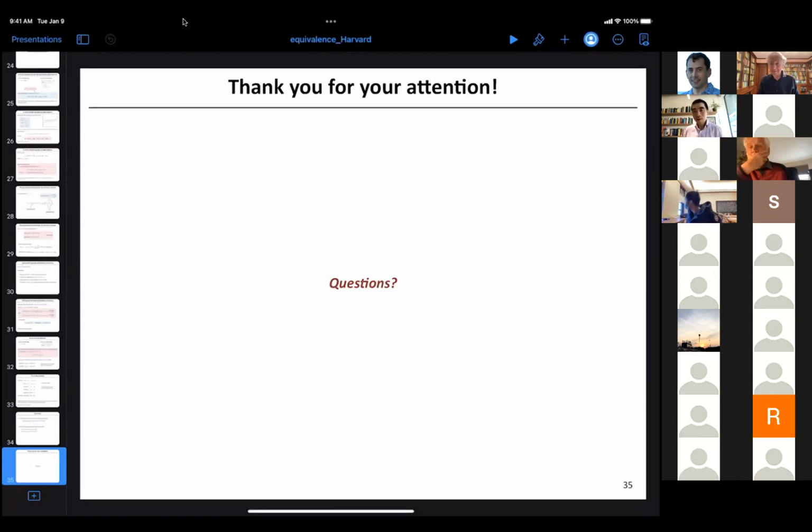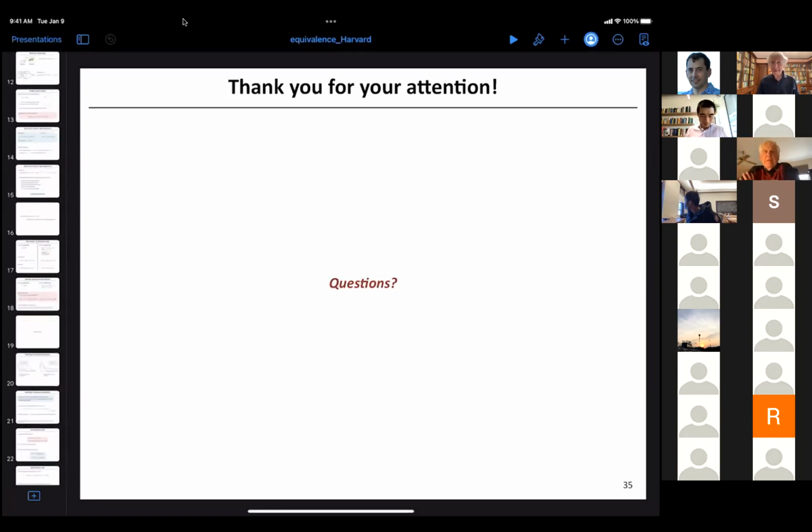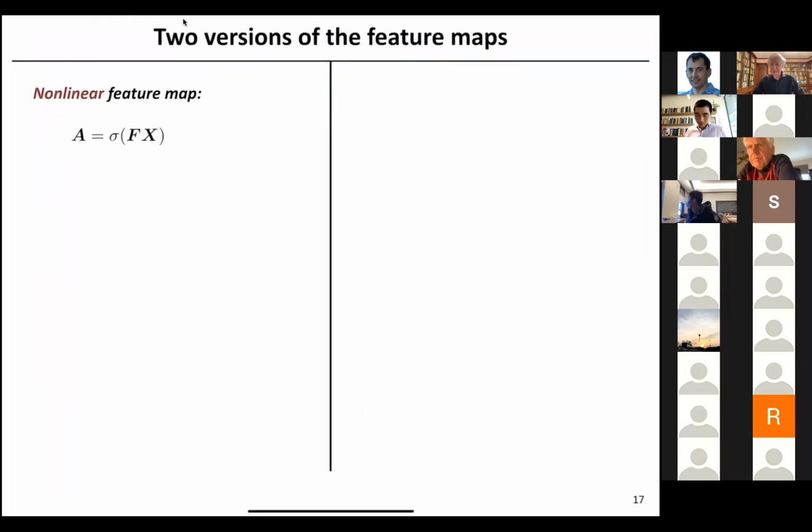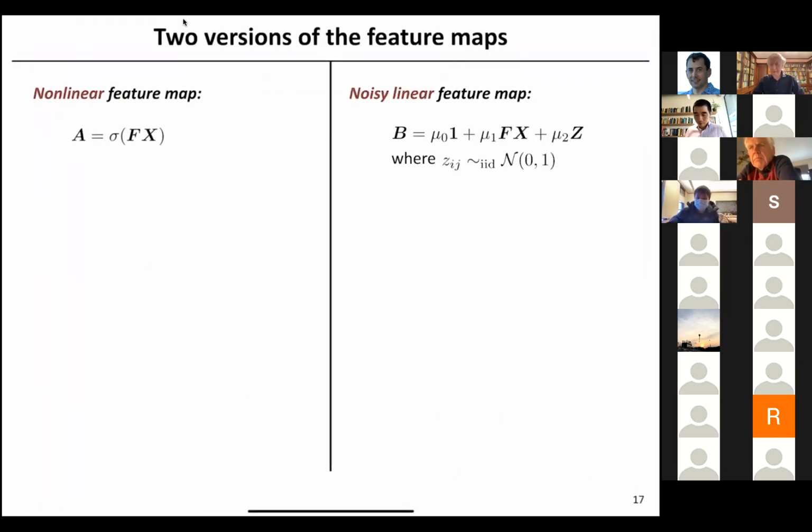The Gaussian doesn't matter. In this case, we can also say the equivalent version has f and x with IID entries, and Z also independent.